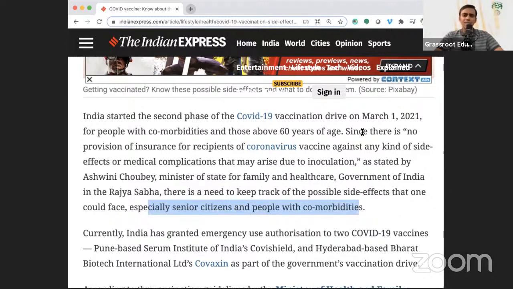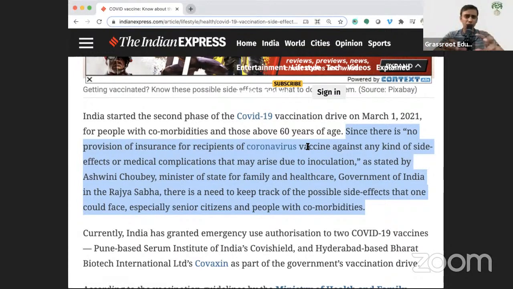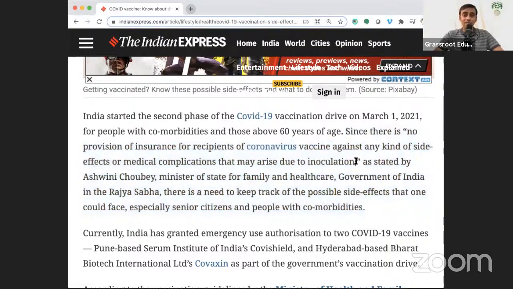So what does this particular sentence mean exactly? A nice long sentence, right? Let's see. It says that there is no insurance as such. For all those getting the vaccine, there is no insurance that says if something goes wrong, you will be protected, whether monetarily or otherwise. There is nothing of that sort, and there is still a lot of uncertainty. Because of that, we should keep track.